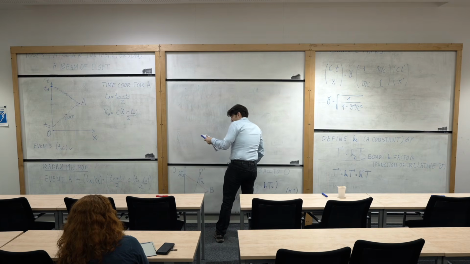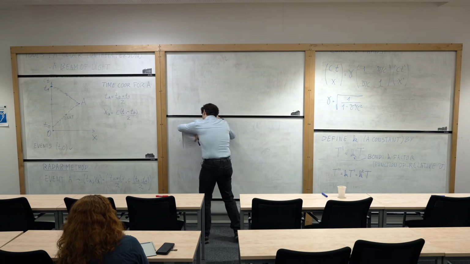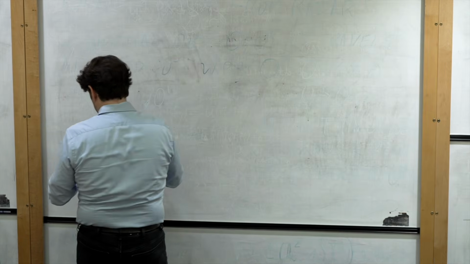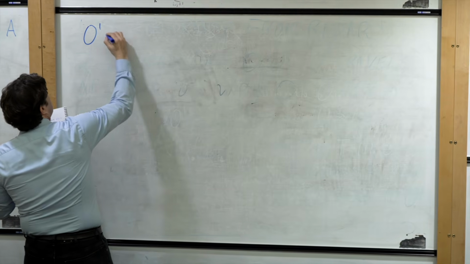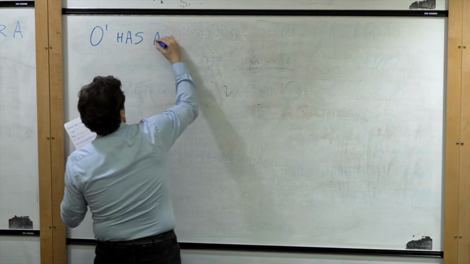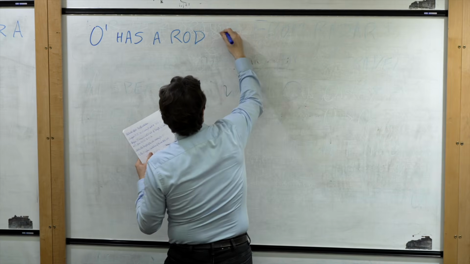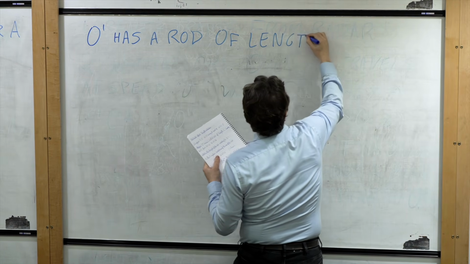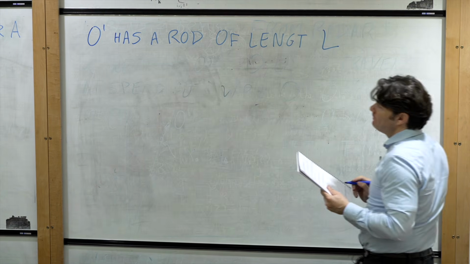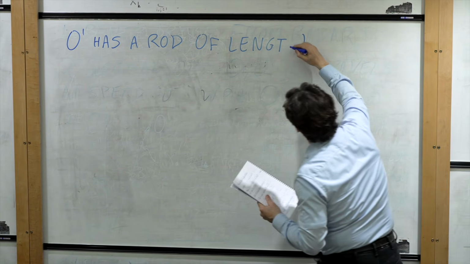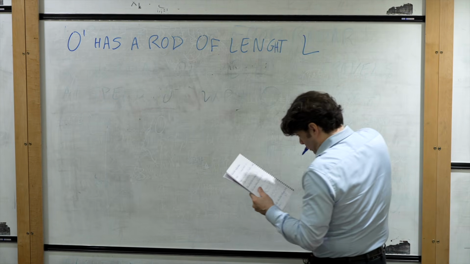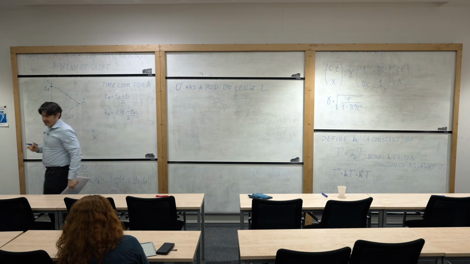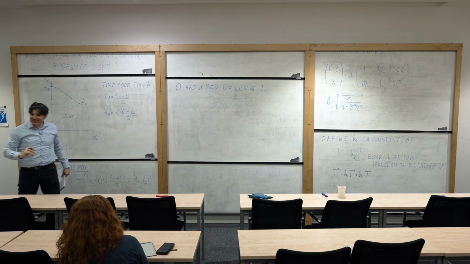Imagine that O prime has a rod of length L. And the question is, what does O think the length of the rod is? So that's a very basic question.